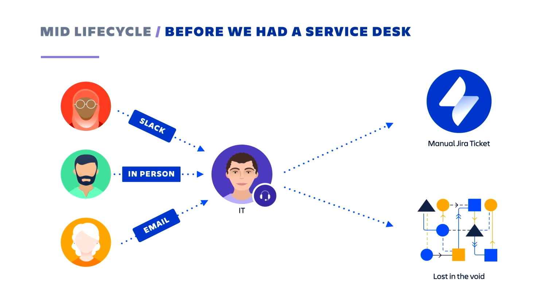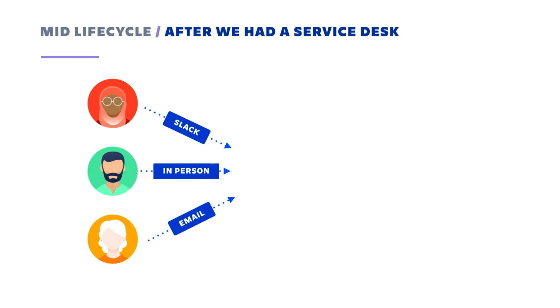And so what do we do? Well, like I said earlier, we really do believe that people should have multiple ways of getting to IT, right? They should be able to send a Slack message. They should be able to ask us in person. They should be able to email us. However, instead of going to a single point of contact, we wanted it all to go to the service desk.